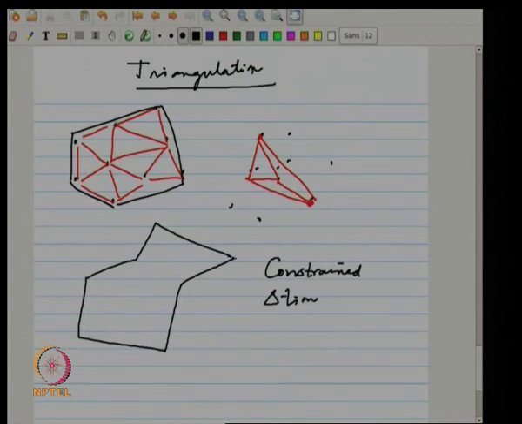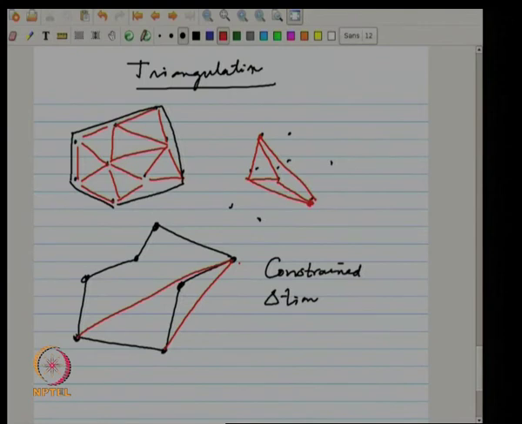If you are just given these points, that is not the same as triangulating a simple polygon, because now I have to make sure that when I draw this triangle, we should not intersect the simple polygon itself.